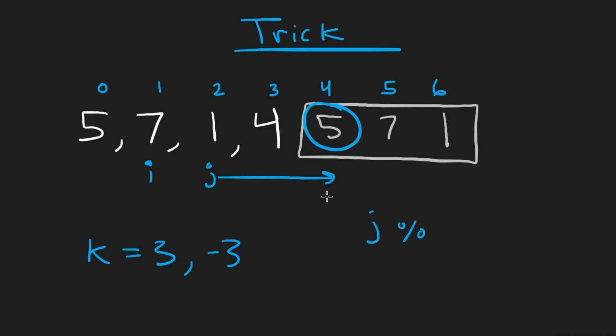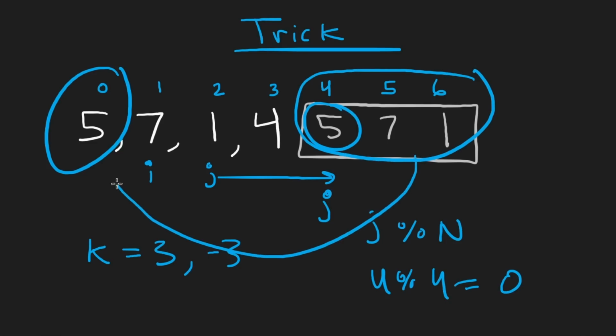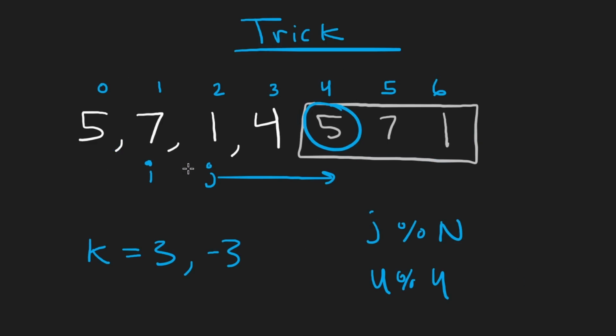When you do that, if my J pointer was over here at index 4, and I mod it by 4, I'm going to get 0. So that's going to tell me my J pointer isn't actually at 4, it's actually at 0. So if a pointer gets out of bounds, it will automatically be corrected. That's the advantage of this approach. And it actually works going the other way as well, if we were looking at the previous k elements.